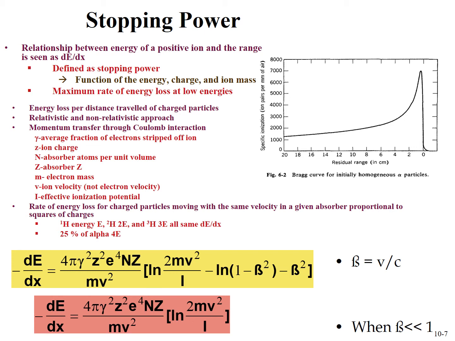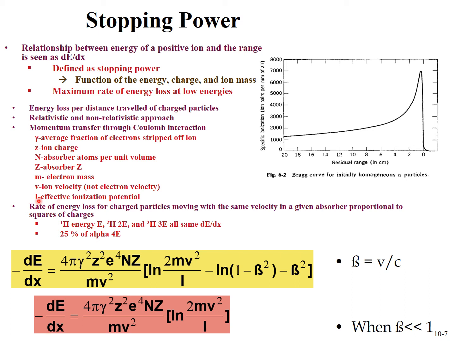But the terms are the average fraction of electrons stripped off an ion, which is this term here, the ion charge, the number of atoms per unit volume of the absorber, in other words, what the ion's hitting, the Z of the absorber, the mass of the electron, and the ion velocity.